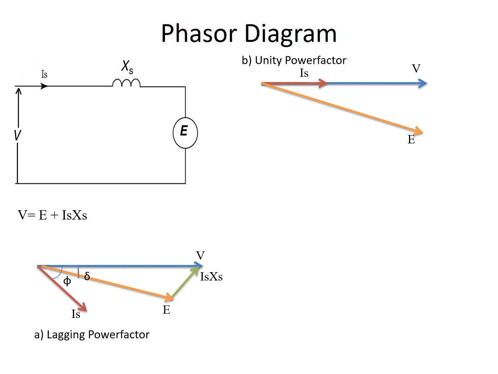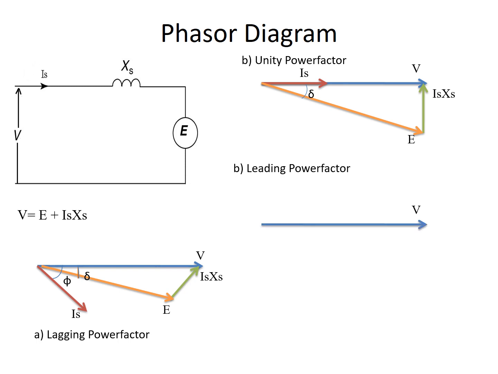Now again IsXs will be perpendicular to Is, and I can add it with E in this way, and hence again we will get V equal to E plus IsXs. Similarly, we can draw for leading power factor also.